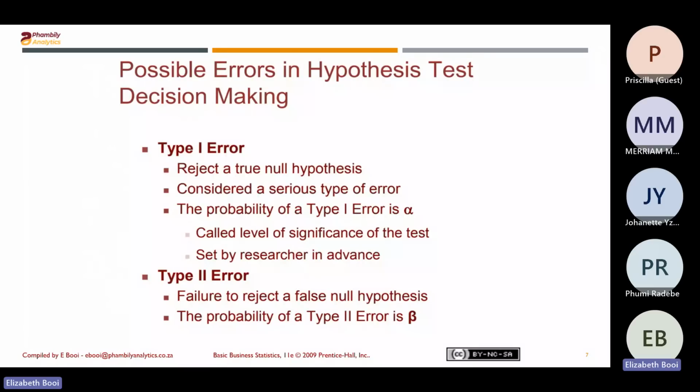When we do a hypothesis testing, sometimes we might create some errors. And this happens when, as I've already said in the beginning, the null hypothesis is the statement of what the researcher wants to prove. If the researcher wants to prove that the mean is less than or equal, we're going to put it in your null hypothesis.